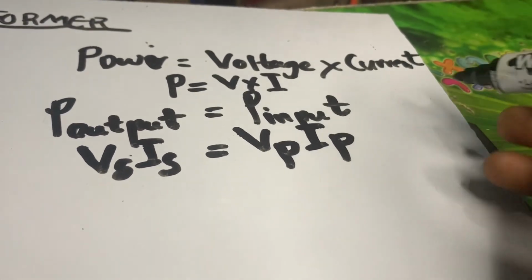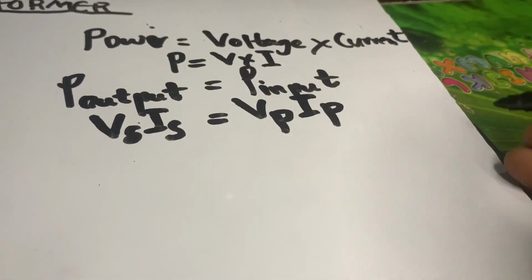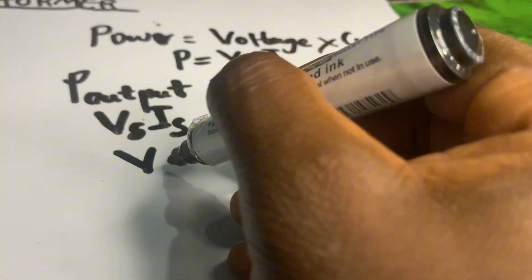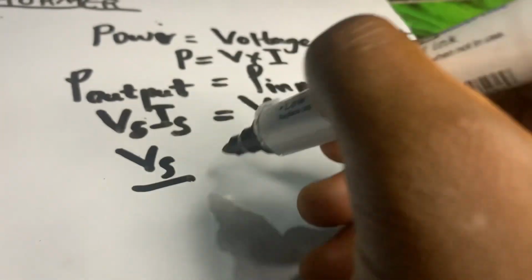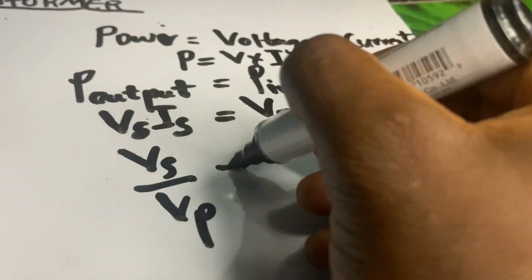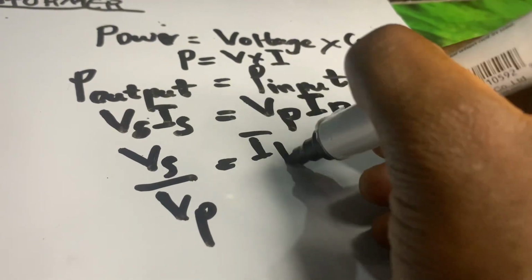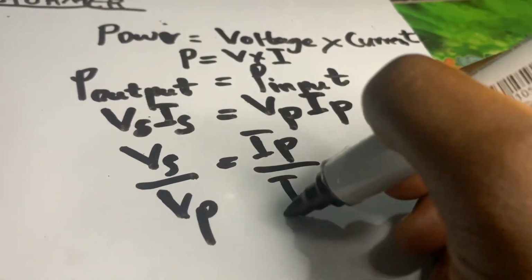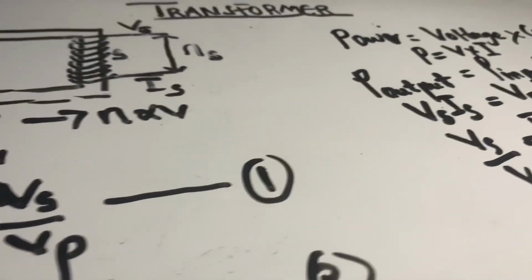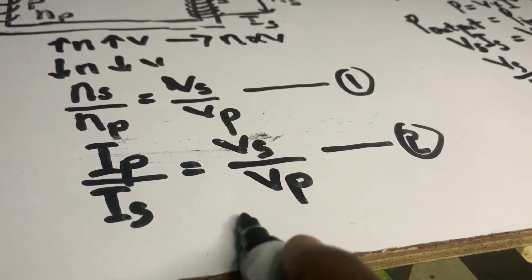So we can write this equation: the voltage on the secondary coil divided by the voltage on the primary coil is equal to the current at the primary coil over the current at the secondary coil. And that is what I was able to write down here.